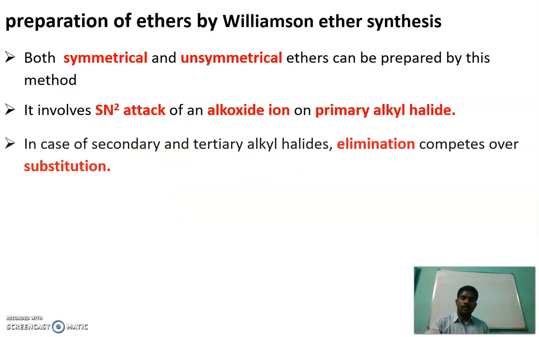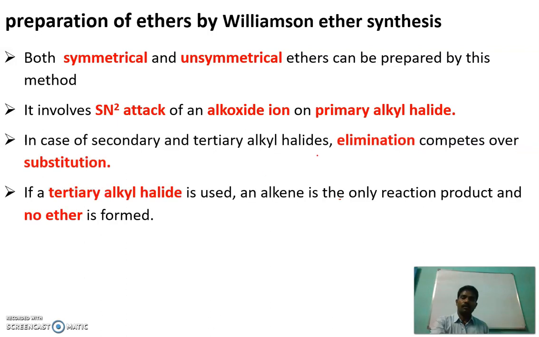Next, in case of secondary and tertiary alkyl halides, elimination is going to compete over substitution reaction. So this reaction is given best by only primary alkyl halides. If you use tertiary alkyl halide, ethers will not be formed.